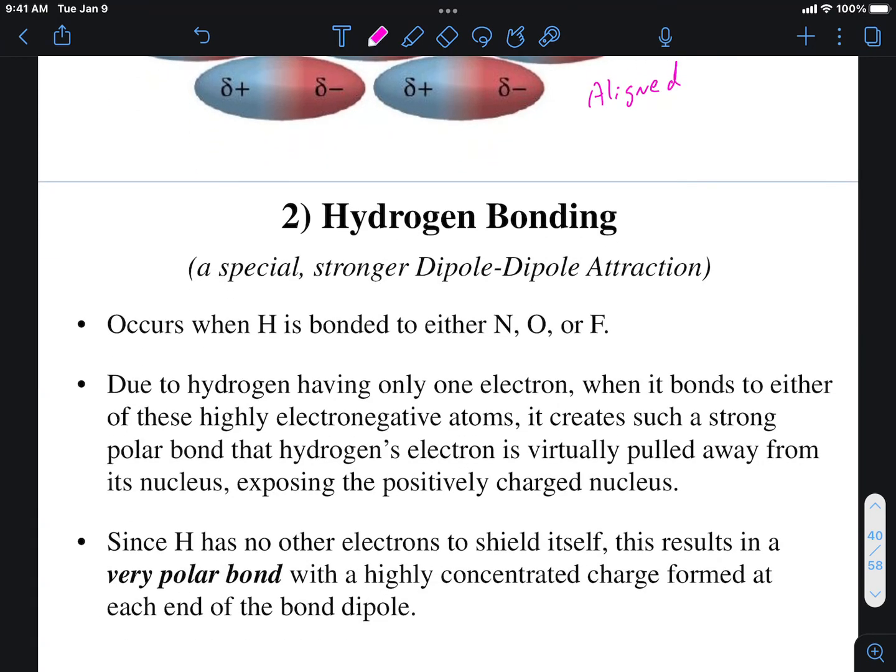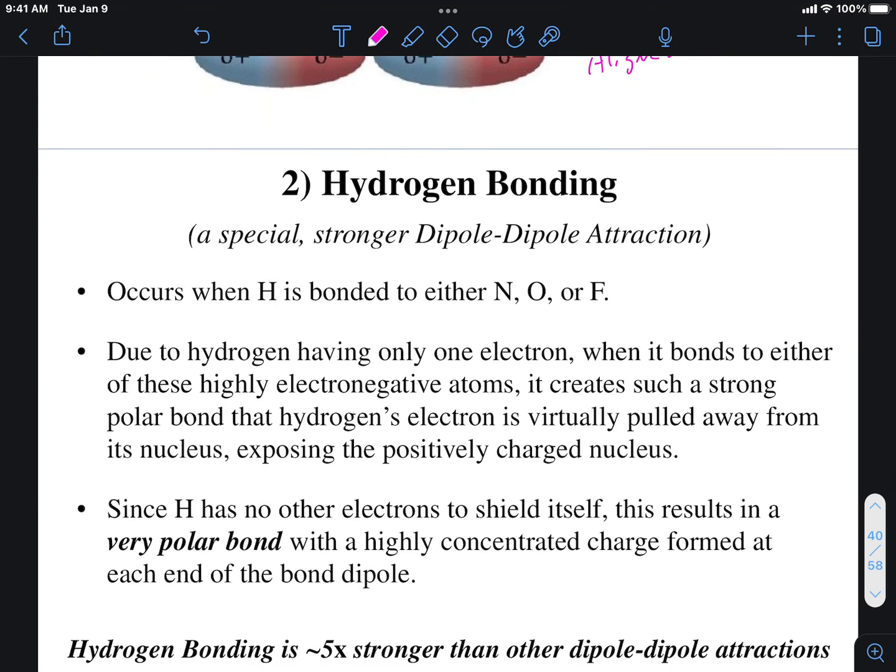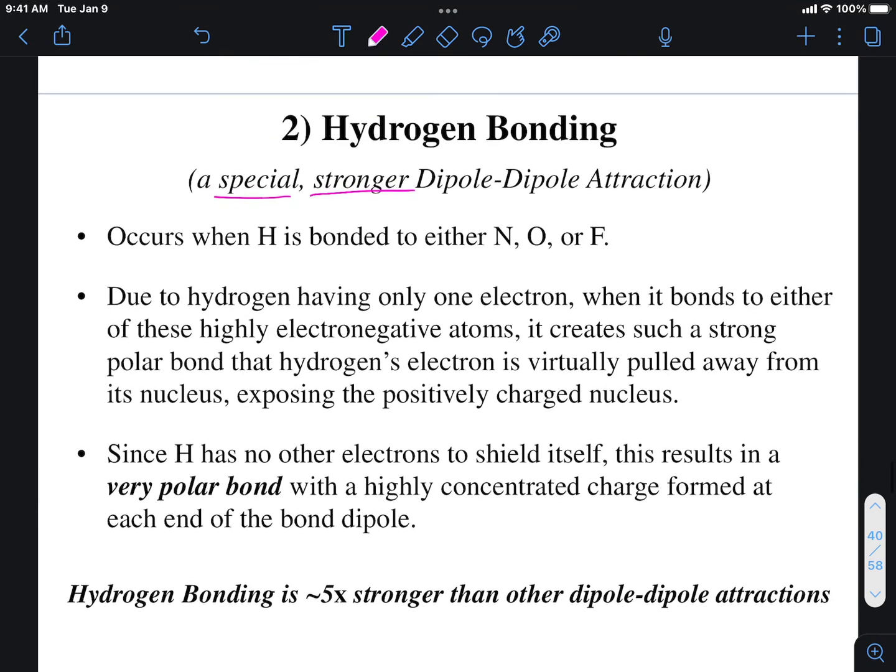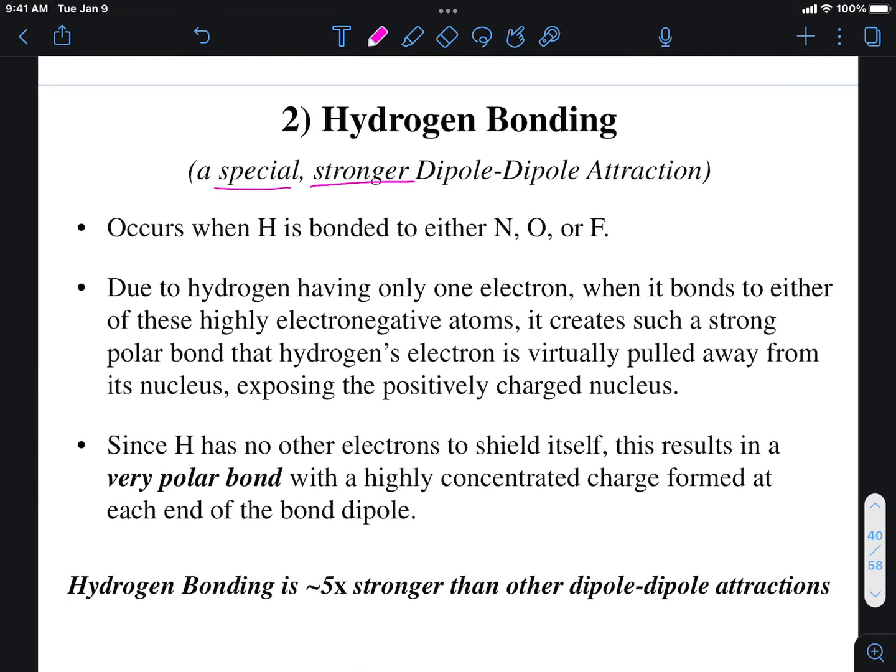The next type is what we call hydrogen bonding. And this is actually a type of dipole-dipole attraction, but it's a special, stronger version of it. All right, and so it's got some requirements.